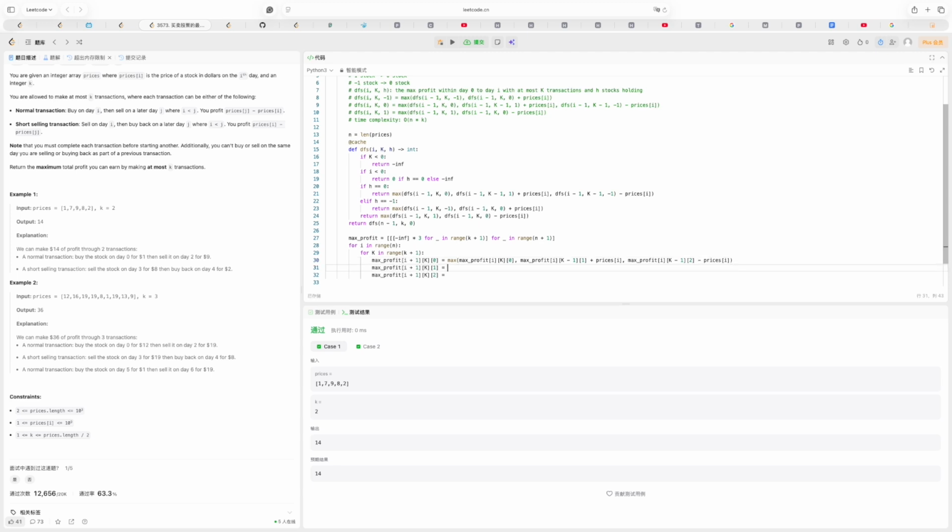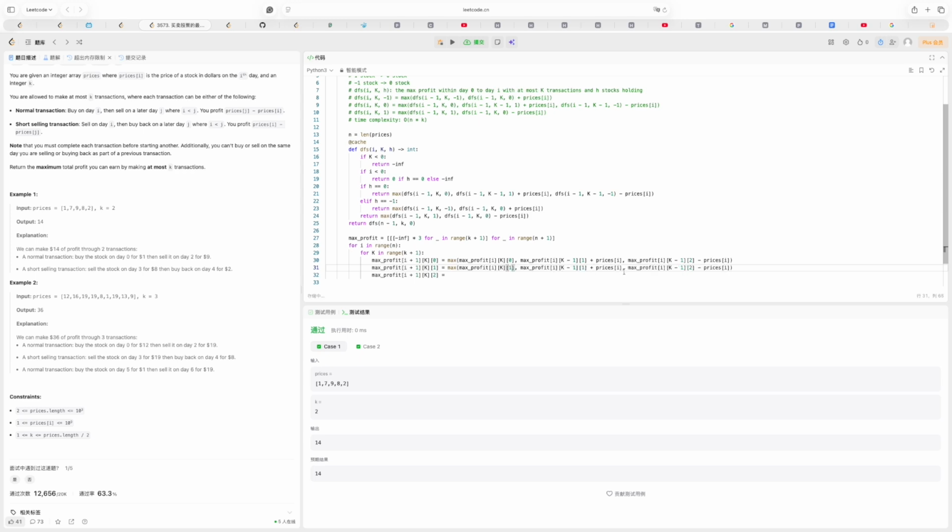And for currently owning one stock, let's copy this. Today we do nothing, so in the previous day we'll have to own one stock.